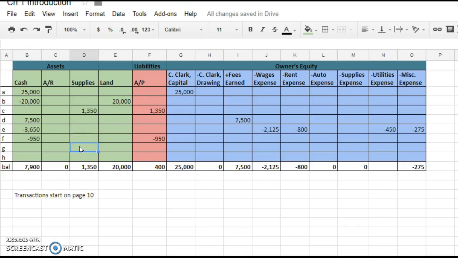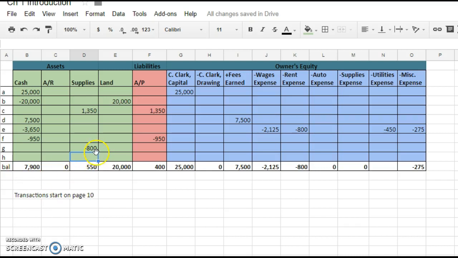So if I take equals $1350 minus $550, right? So $1350 minus $550 gives me $800, but I have to take it a negative because I'm taking it out.